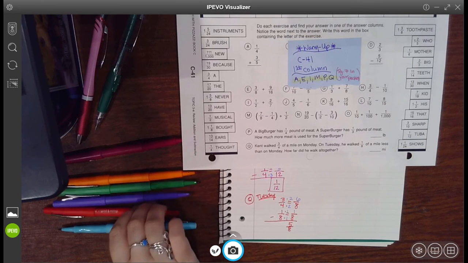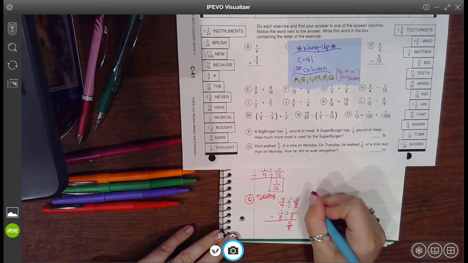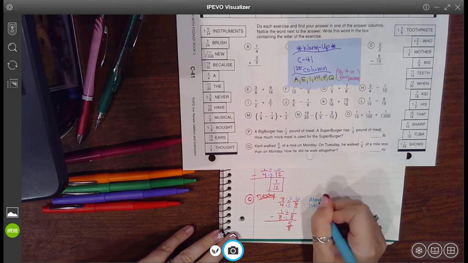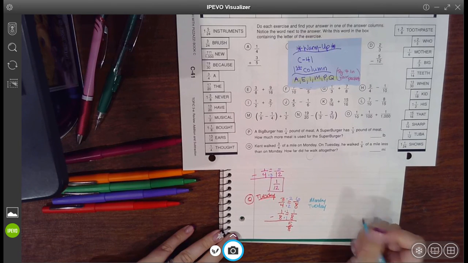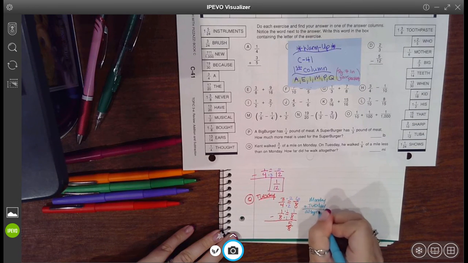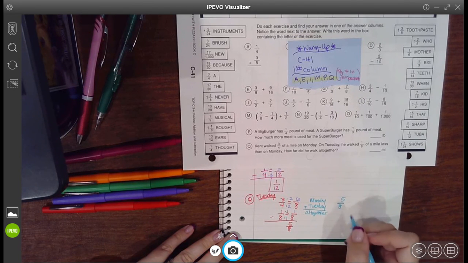But I want to know how far he walked altogether. That's just Tuesday. So I need to know how far did he walk Monday plus Tuesday, right? To get all together. Well, on Monday, they told us Kent walked, oops, I just messed up.